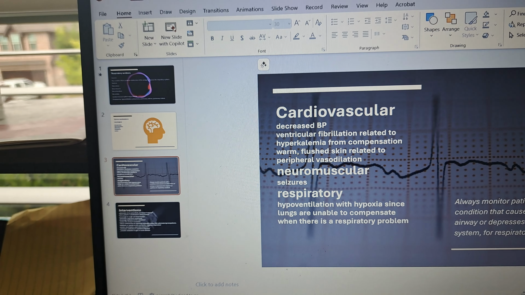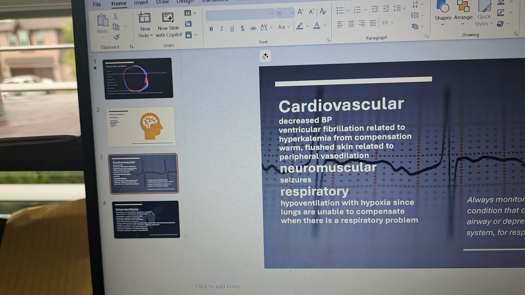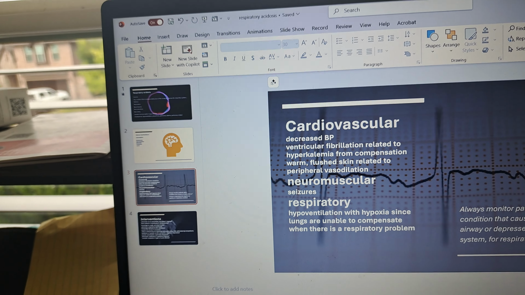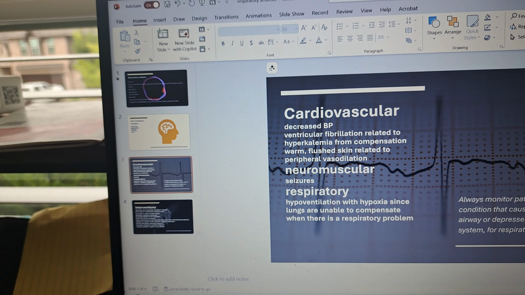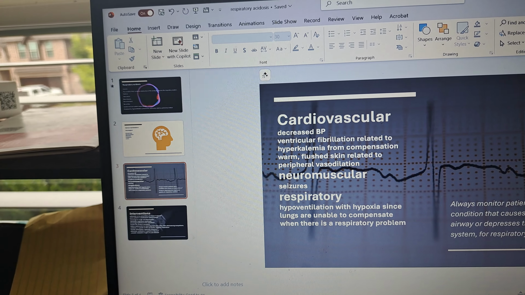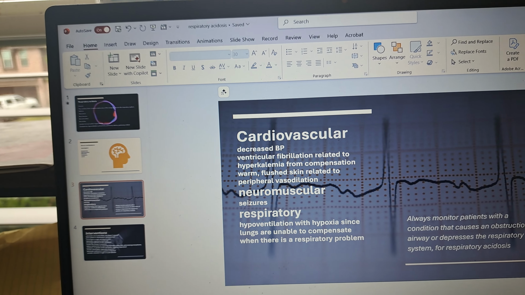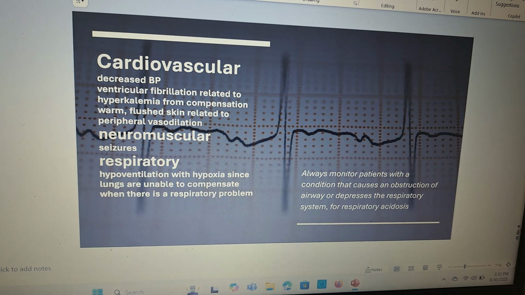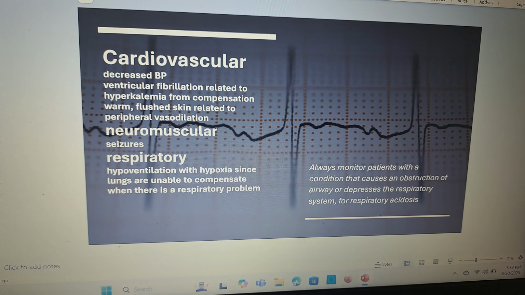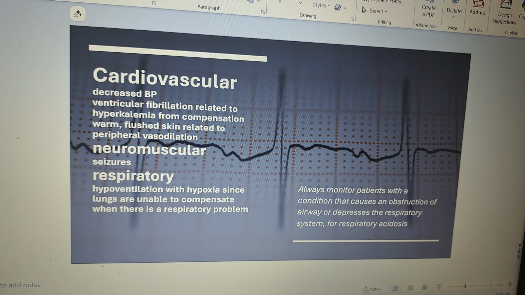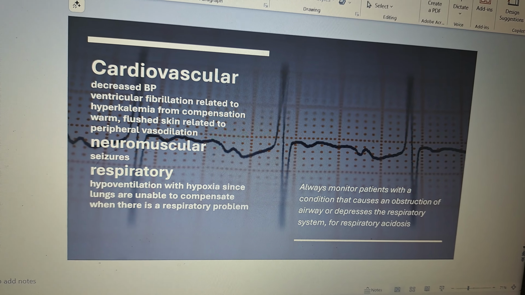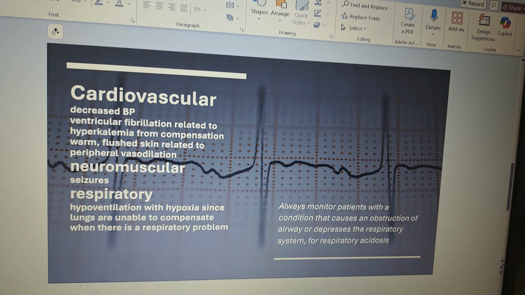The extracellular hydrogen ion content increases in acidosis, so the potassium leaves the cell, and that creates hyperkalemia. So always watch for electrolytes. And then the patient can have seizures also in severe cases.